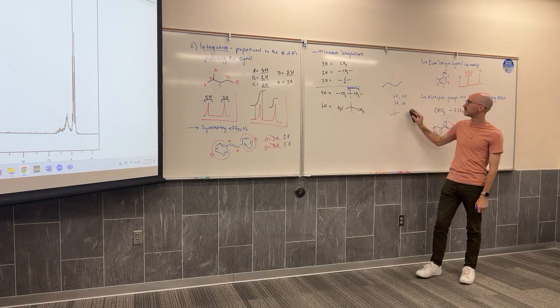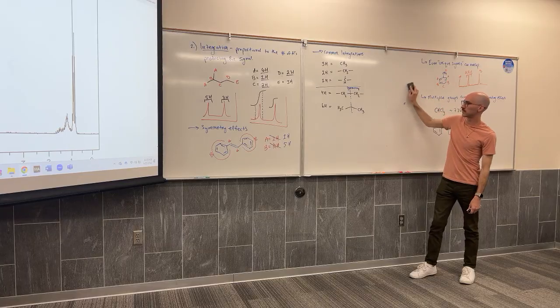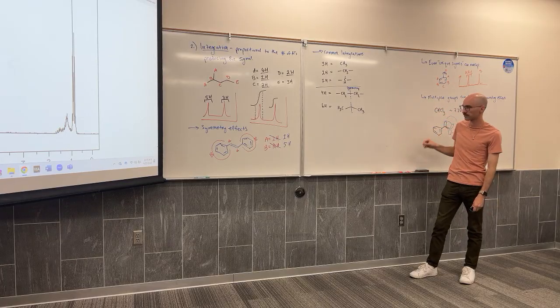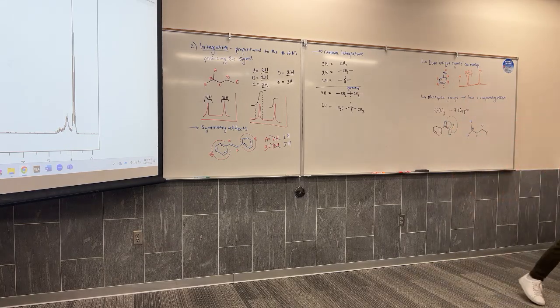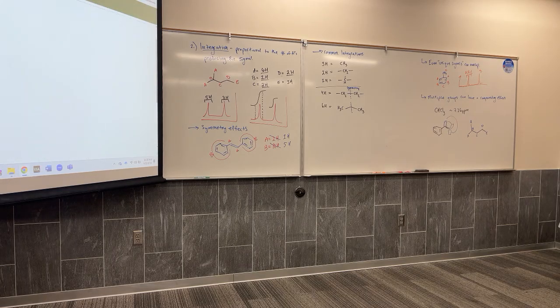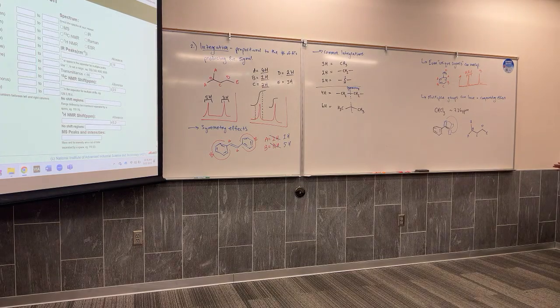Can I ask you a question about the symmetry effect? Yes. How come there aren't multiple signals, because the way that we looked at it before, it was like, oh, this hydrogen's closer to this and this one's closer to this, so it created different signals. Well, yes, and that is the prediction. We looked up and saw that we would expect 3 unique hydrogen environments on that benzene ring.